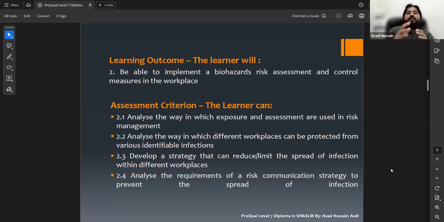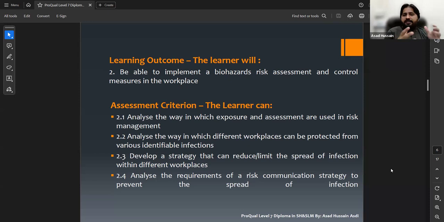Identifiable infections mean that infections are obvious. For example, if someone is working in water, in ponds or anywhere you have stagnant water, then definitely there will be identifiable infections there due to dirty water and other chemicals present in the water.